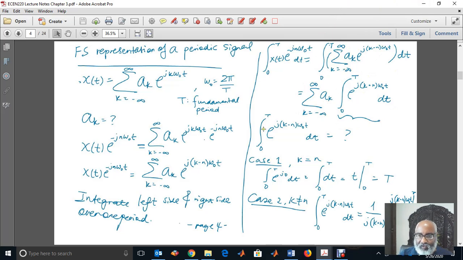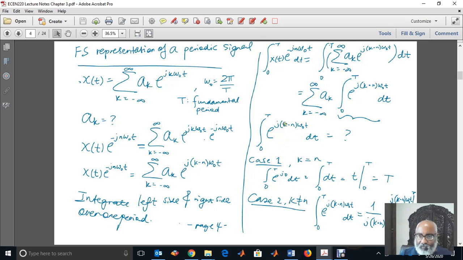So what is the integration from 0 to T of e to the power of j k minus n omega naught t dt? Remember, k and n are integers. Let's say k is equal to n. Here k is the only one varying, but n is fixed. So when k is equal to n, this will be e to the power of 0, which is 1.